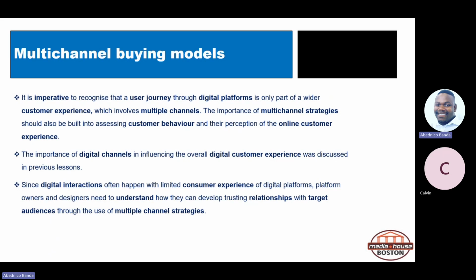The importance of a multi-channel strategy should also be built into assessing customer behavior and their perception of the online customer experience. The importance of the digital channel in influencing the overall customer experience was discussed already on multiple occasions. However, since digital interaction often happens with limited customer experience of digital platforms, brands and designers should understand how they can develop trusting relationships with the target audience through the use of multi-channel strategies. It is always crucial.